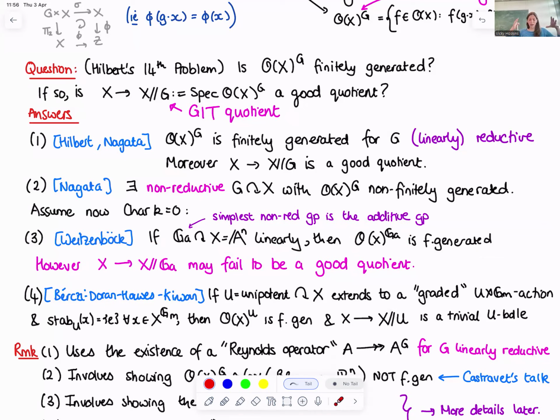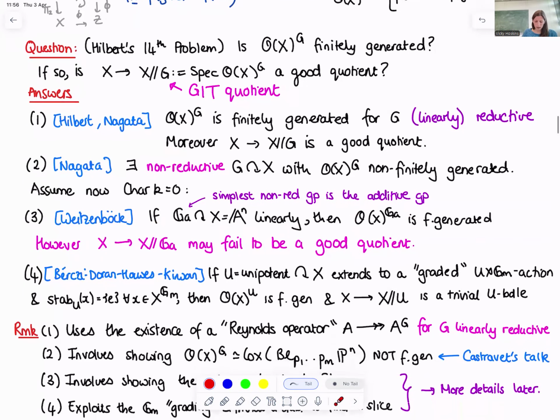But there is a fix to this, which is the beginning of non-reductive GIT, and this was a paper which goes back to the work of Bérczi, Doran, Hawes, and Kirwan about 10 years ago, I guess, which says if you've got a unipotent group acting on X, still affine, and it extends to what they call a graded action of U semi-direct product a copy of the multiplicative group, and you have some sort of stabilizer assumption, then the ring of invariants is finitely generated, and this quotient turns out to be a trivial U-bundle.